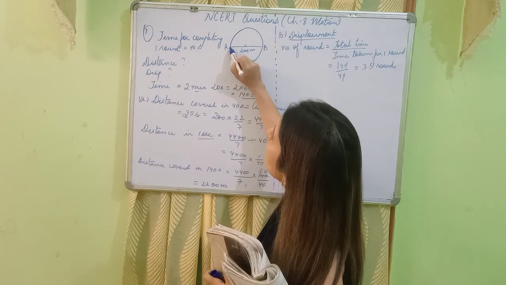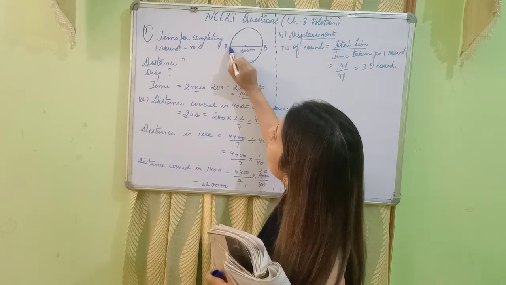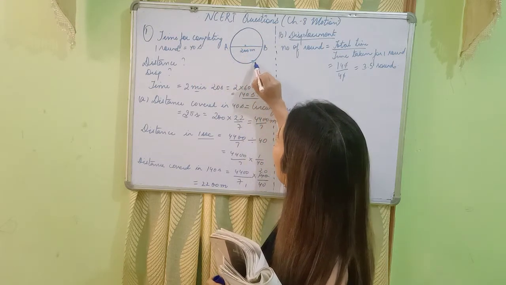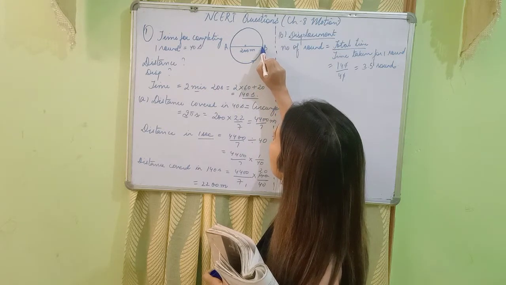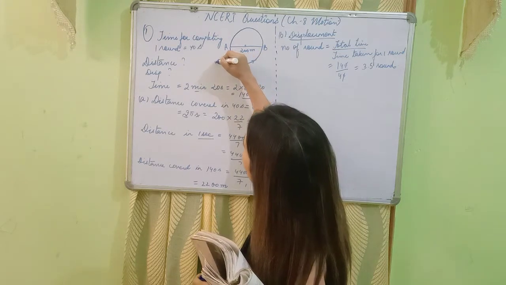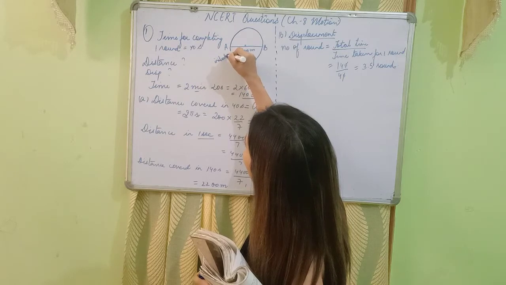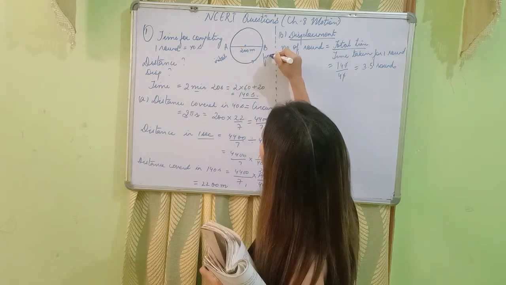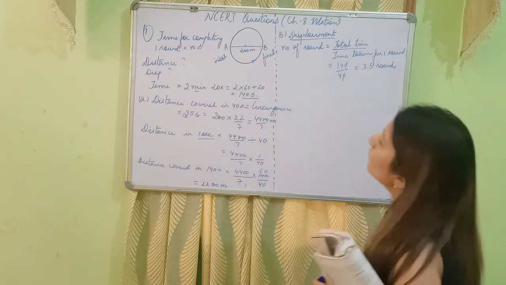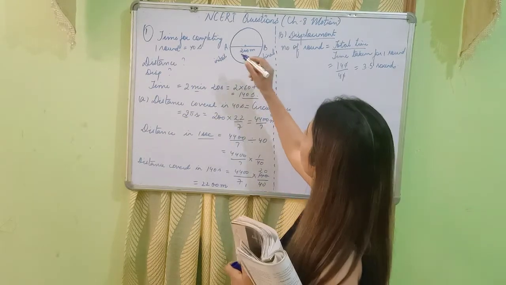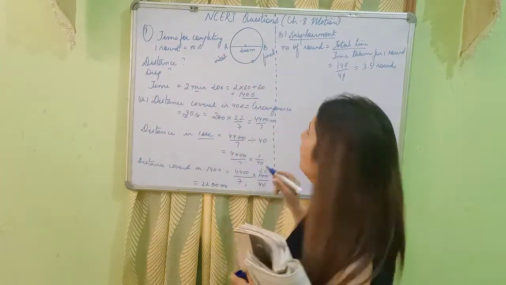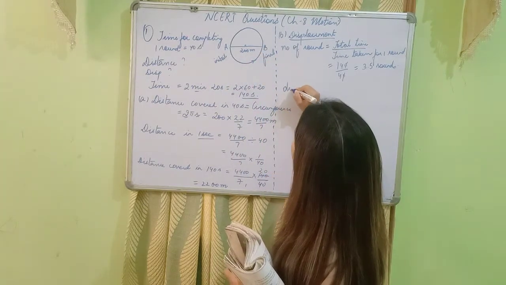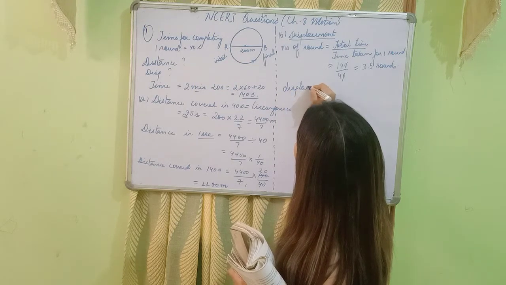Now half round is left. If the athlete starts from position A and reaches position B, this is initial position A and this is final position for half round. So what will be the displacement during this position AB? What is the formula of displacement?